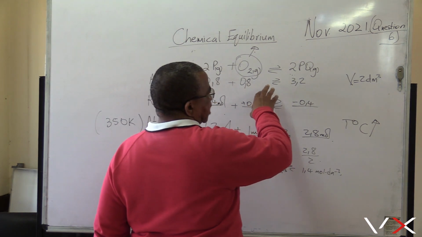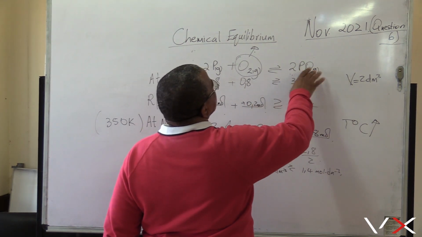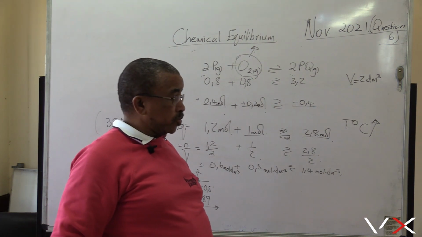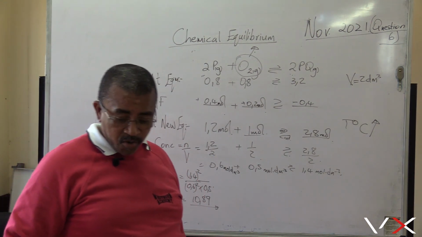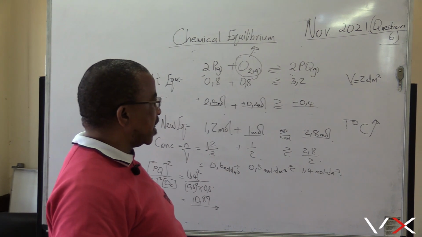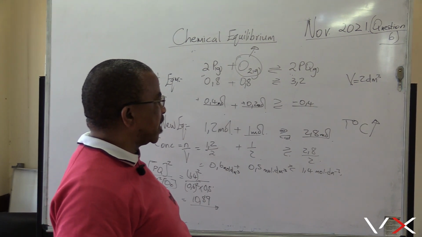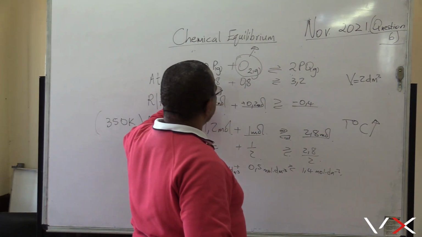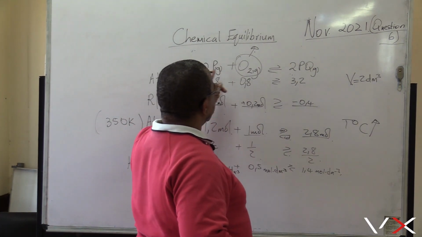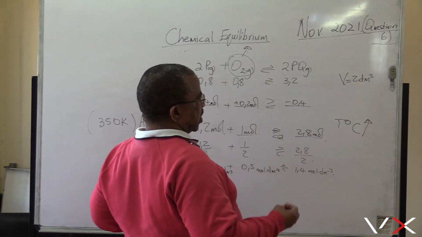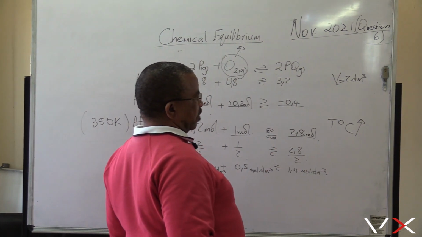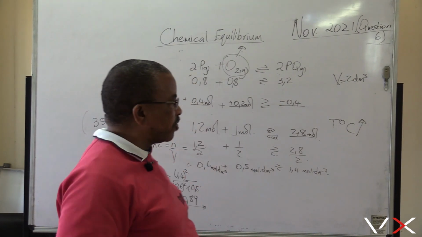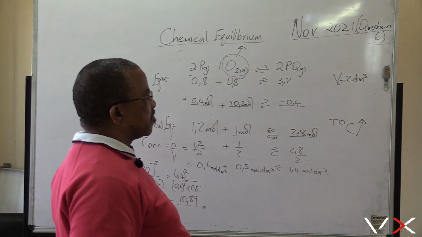How will it affect the yield, the formation of PQ? It will increase the yield of PQ. The formation of PQ will increase. Then what about the number of moles of P? The number of moles of P will decrease. So we'll have an increase in the yield of PQ and a decrease in the number of moles of P.